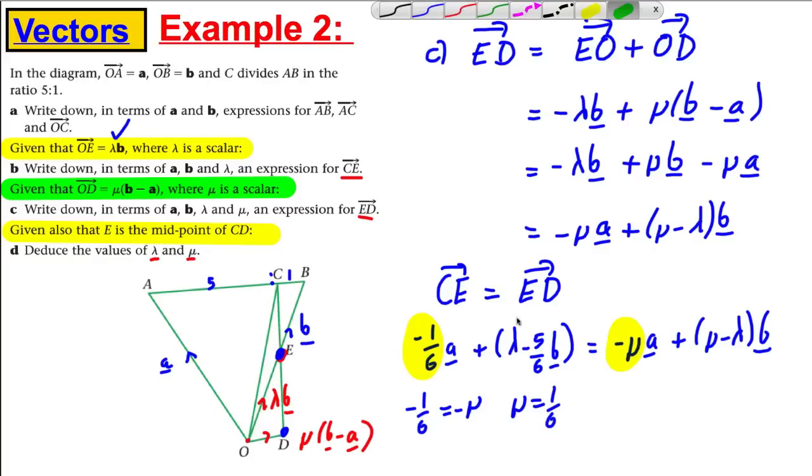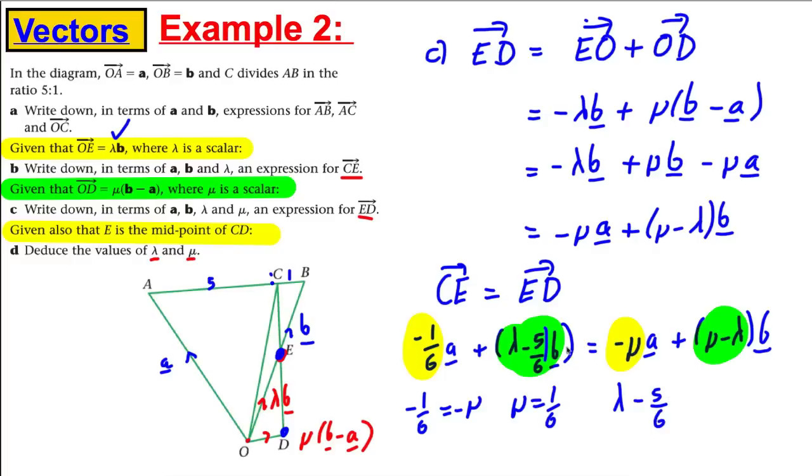And similarly, the B part must be equal. So we would have that lambda minus 5/6 must equal mu minus lambda. Now we know mu is a sixth, so lambda minus 5/6 equals 1/6 minus lambda.